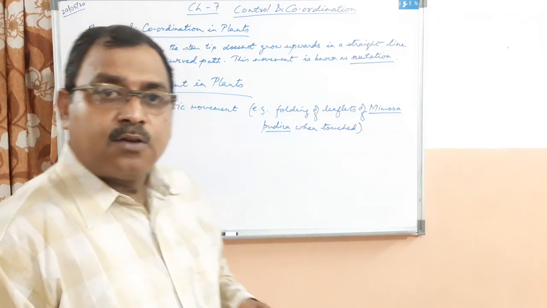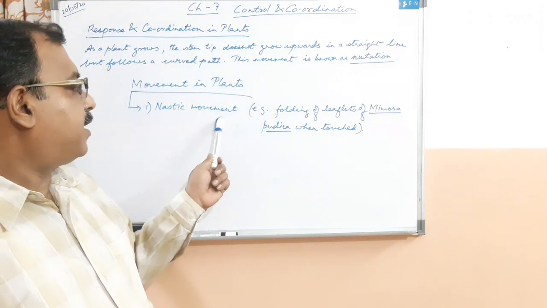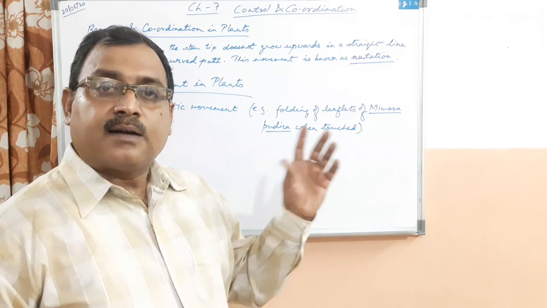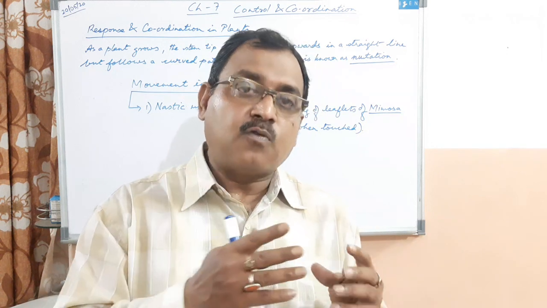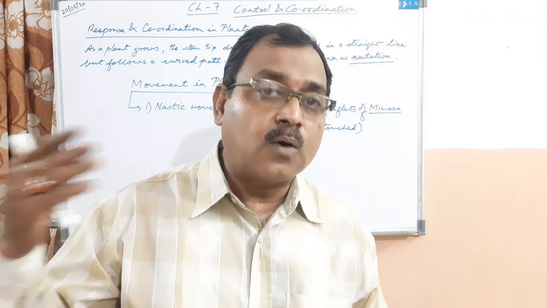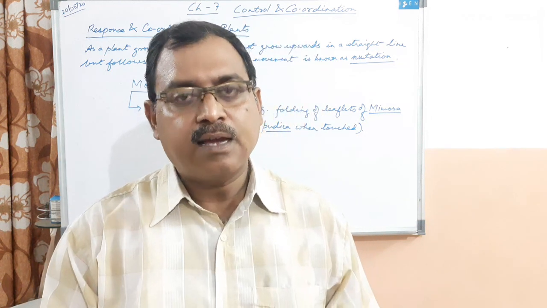So remember, this is the first type of movement, which is known as nastic movement. Here, the movement shown by the plant part is neither towards the stimulus nor away from the stimulus. So these movements which are not directed either toward the stimulus or away from the stimulus are called nastic movements.